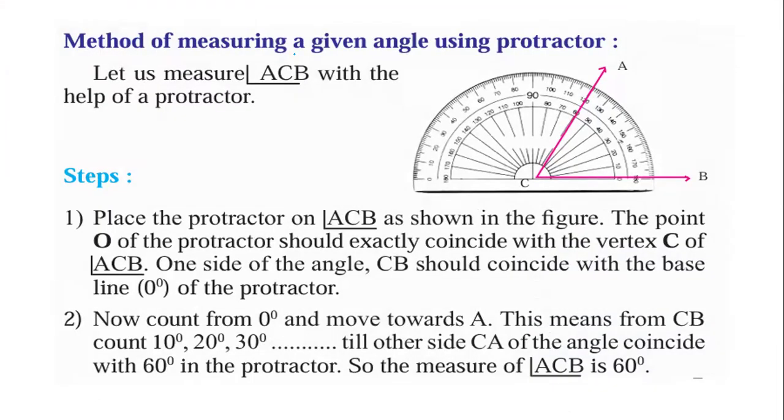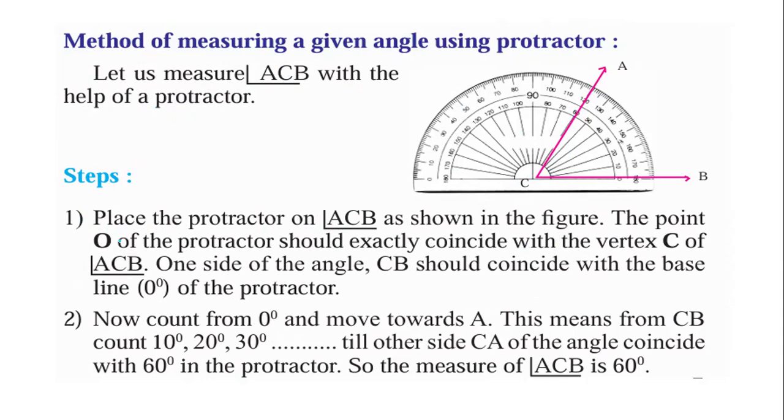Next. Method of measuring a given angle using a protractor. Let us measure angle ACB with the help of a protractor. Steps. Step 1: Place the protractor on angle ACB as shown in the figure.